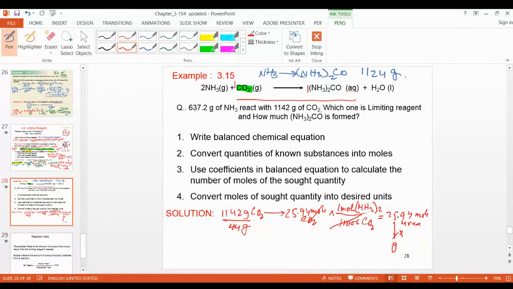Molar mass of urea is 60.06, right? 25.94 multiplied by 60.06, you get 1558 gram of urea.